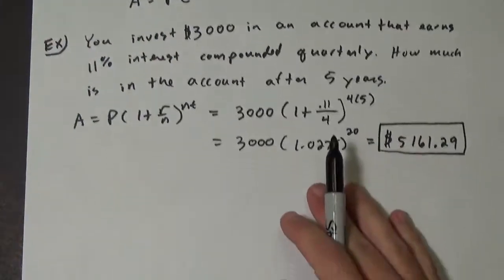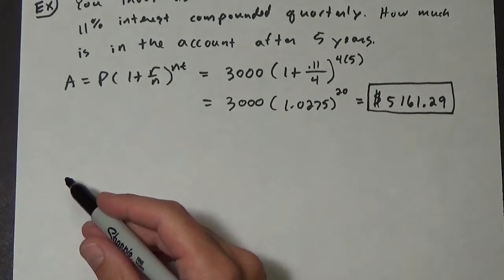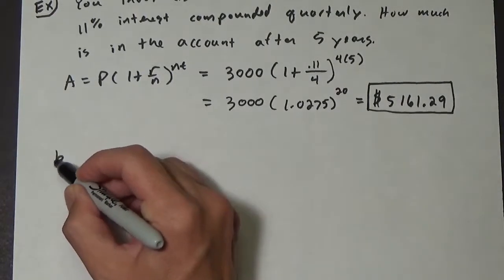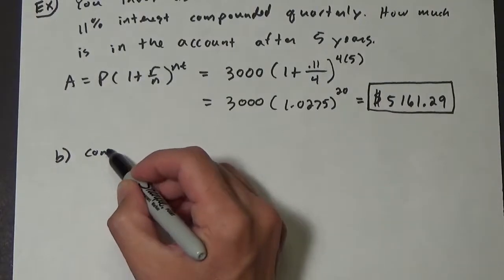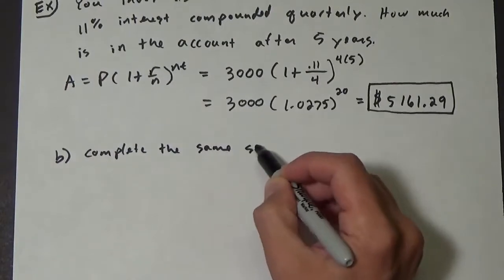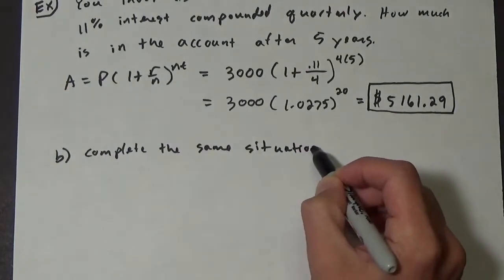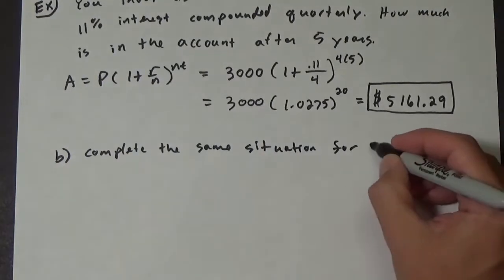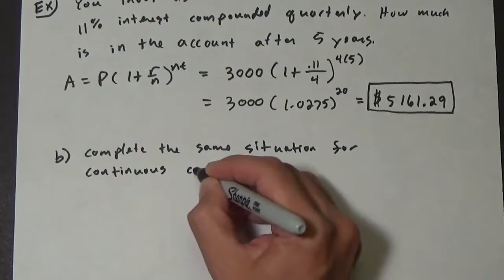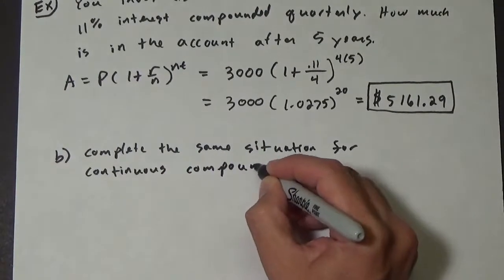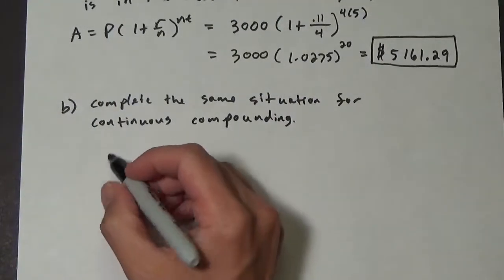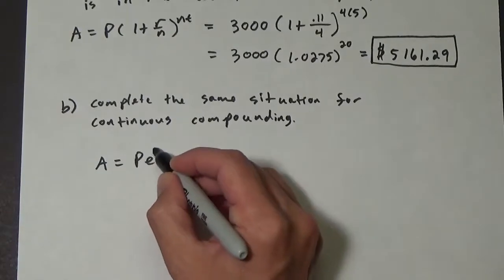Okay, let's try this part of the problem. What if we compound continuously? So part B, complete the same situation for continuous compounding. Okay, so this is A equals P e to the RT.